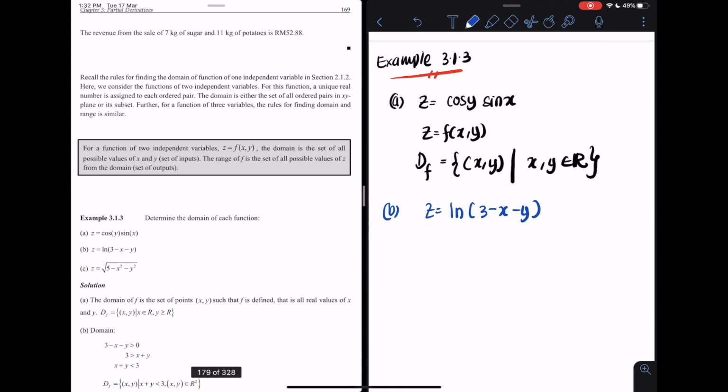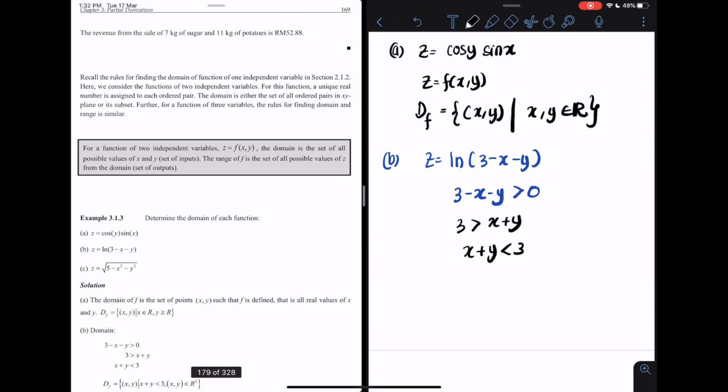So the argument of the logarithmic function, 3 minus x minus y, should always be larger than 0. Using the inequality properties, I have 3 larger than x plus y. Rewriting it into normal form, I get x plus y less than 3.